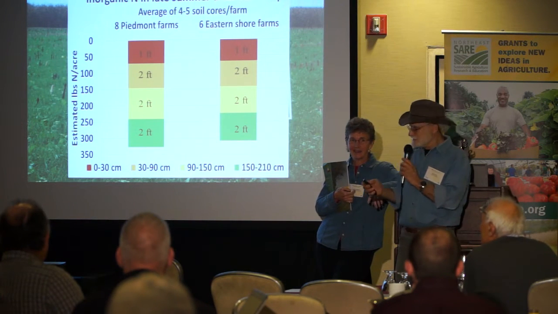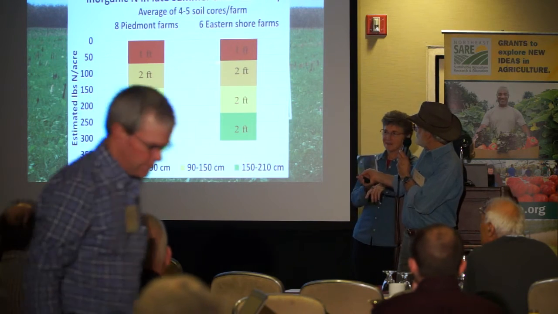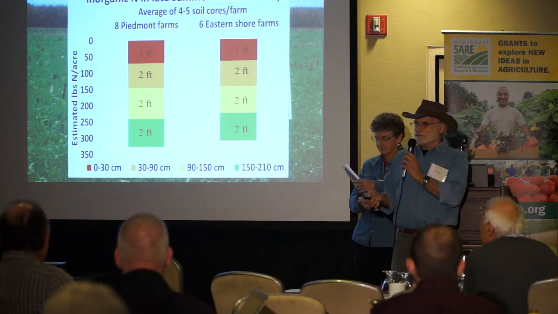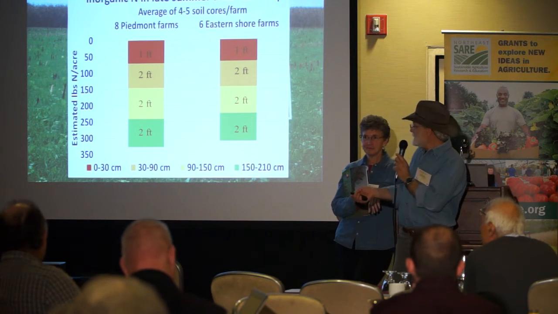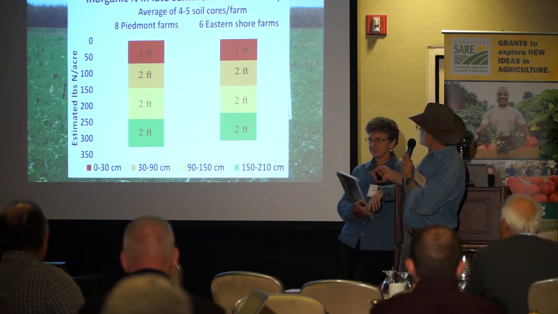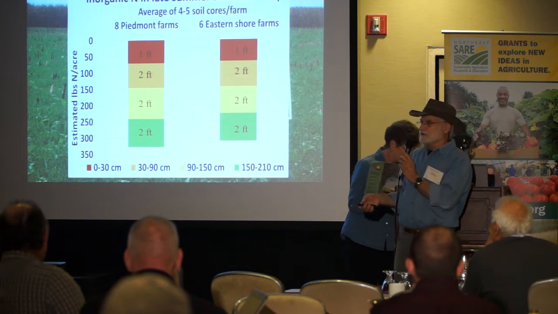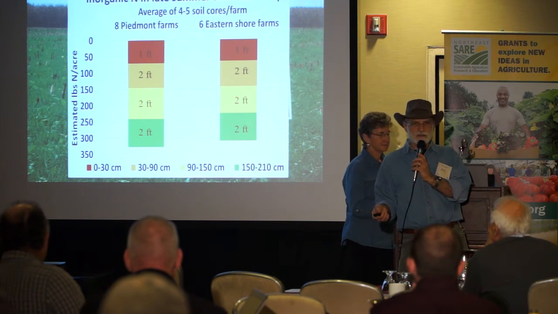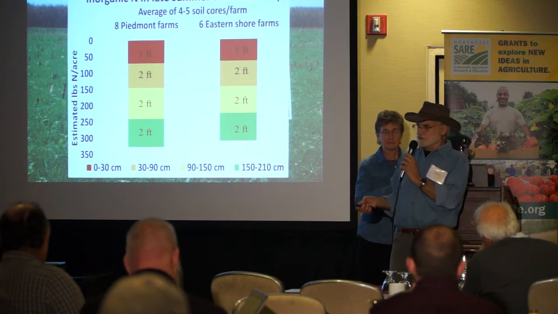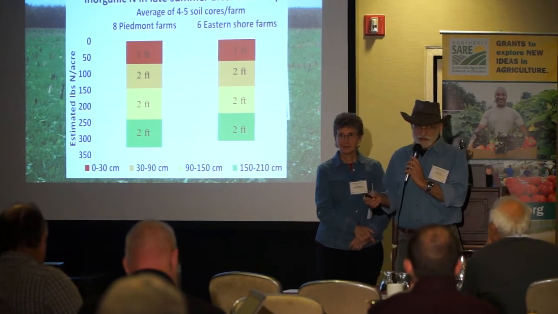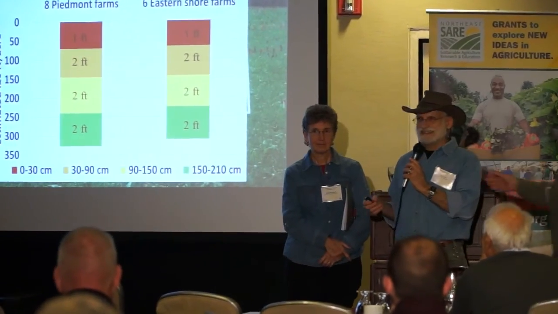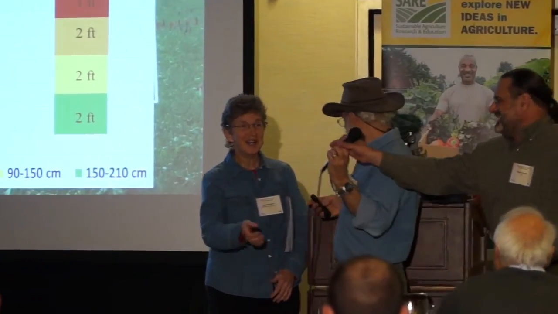These are averages, and you can see in the top foot we got on average about 60, 70 pounds of nitrogen per acre, and then we're averaging around 300, 350 in the top 7 feet. Most of that's below the top foot or two. A lot of it is down here in the bottom 4 feet. So there's a lot of nitrogen deep in the profile, which we can get at if we do it right.